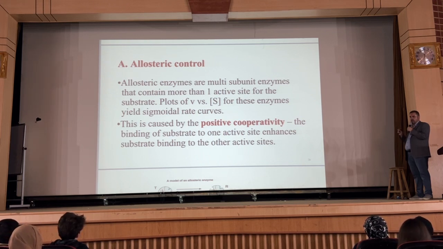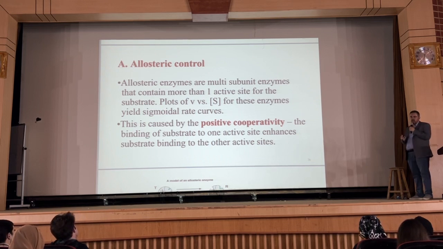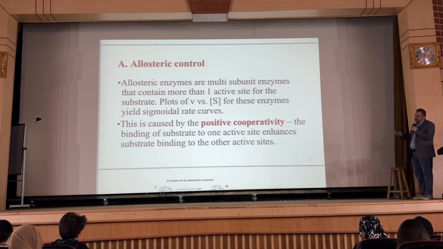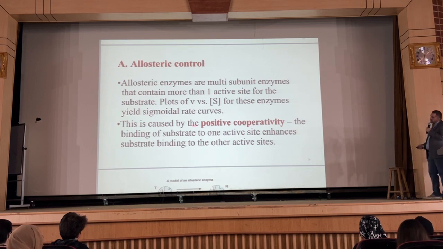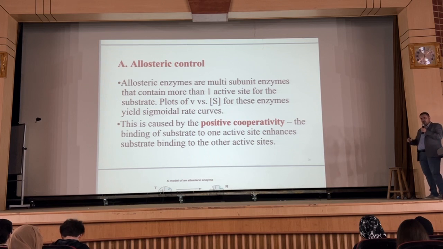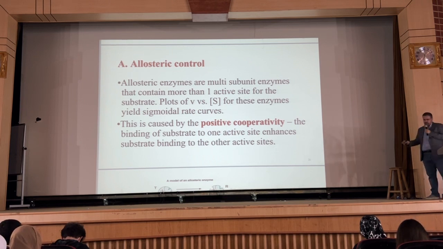Maybe there is a specialized site for the allosteric substance, or the same active site of the substrate is used for the allosteric substance. This is caused by positive cooperativity: the binding of substrate to one active site enhances substrate binding to other active sites. It's like multiple sites here. You take more substrate and the reaction velocity is increasing.